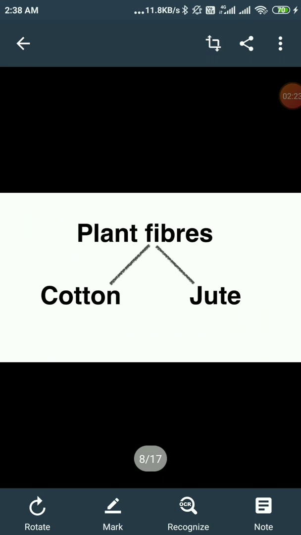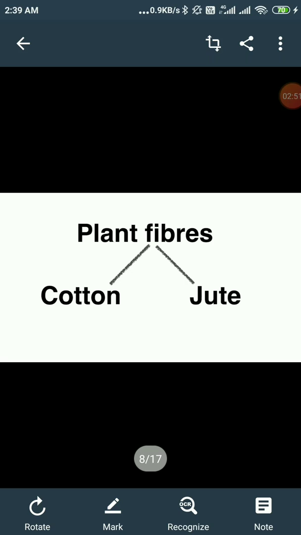So students, as I already told you, we have to learn about only plant fiber in this chapter. So we learn about the cotton and jute fiber, how we are getting cotton from the cotton plant, where we are getting it, how we are processing it, everything we are going to learn in this chapter.